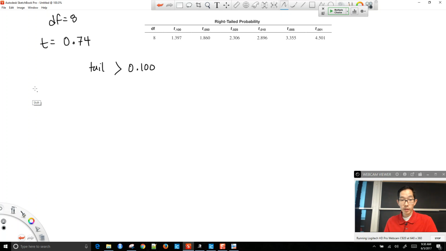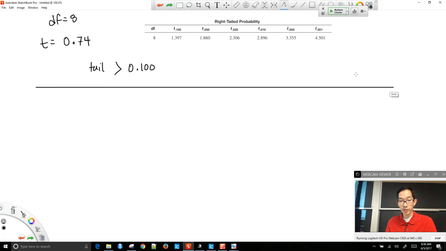The t-table is symmetric. So even though we only have the positive side, the negative side is identical to the positive side.